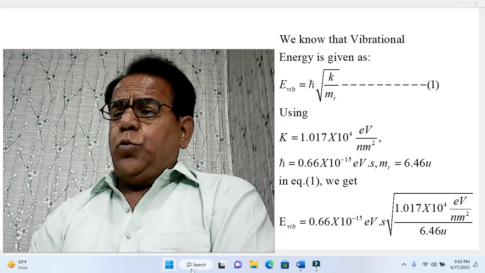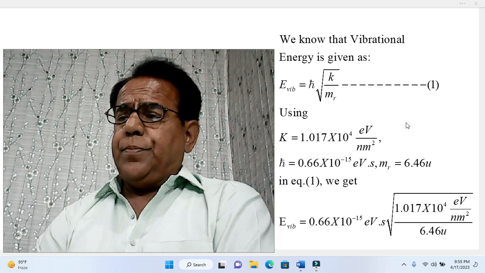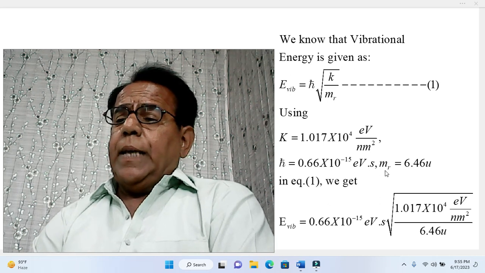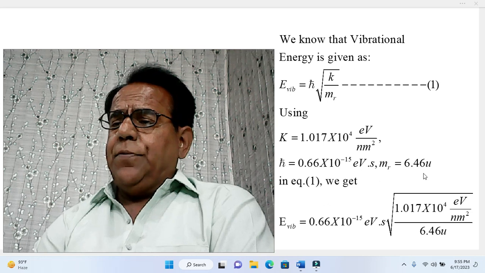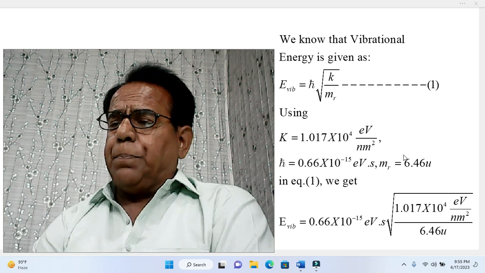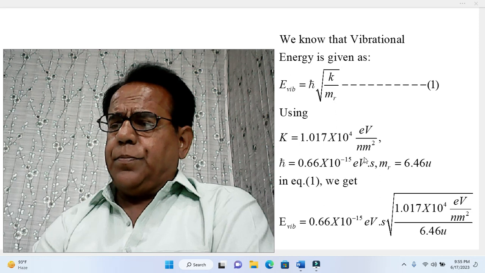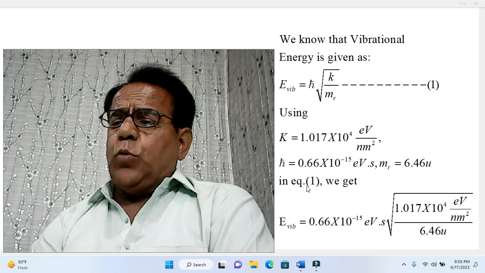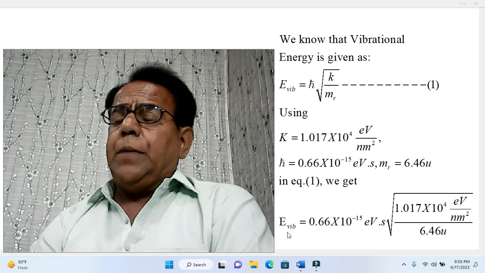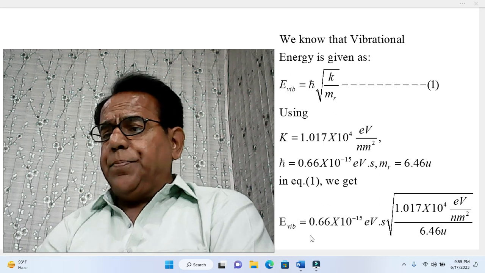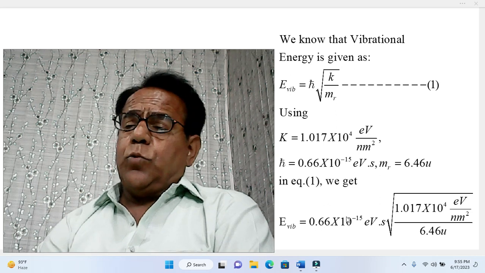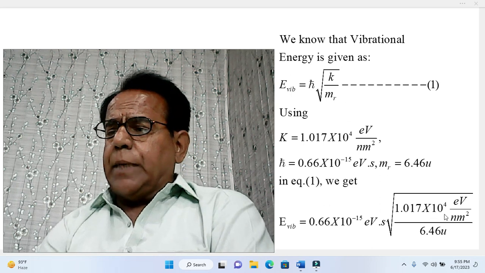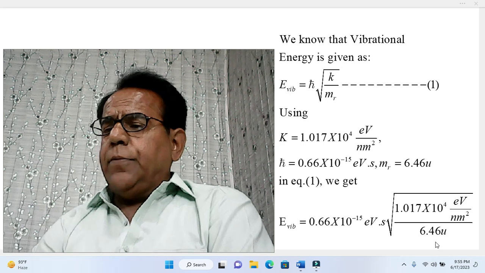So dear students, using k equal to this provided in the statement, h cut equal to this, and mr equal to this, which we have calculated on the previous page of this word file, using this in equation number 1, we get the vibrational energy E vib equal to Planck's constant divided by 2 pi into the value of k provided in the statement divided by 6.46 u.